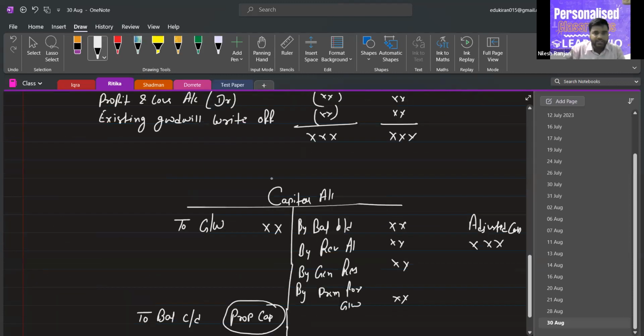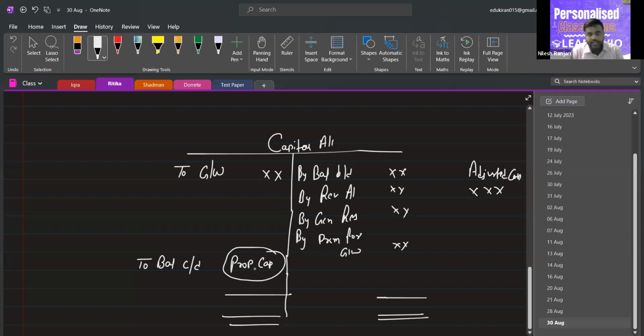After writing all these items, if you write the balance as proportionate capital, you will find the difference between these two and it will be your cash account.